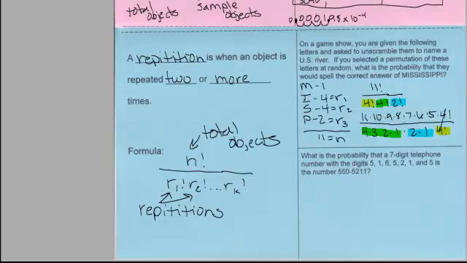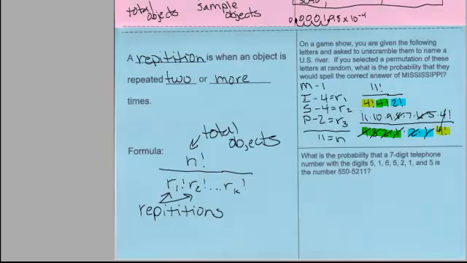Now we can cancel things out. Anything over 1 is just itself, so the 1's cancel just by being there. 4 times 2 is 8. And then 3 times 2 is 6. So those can cancel.